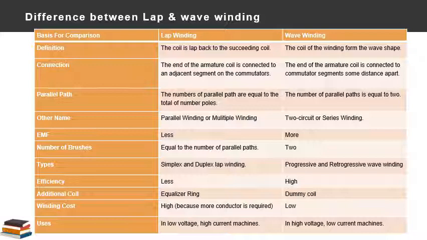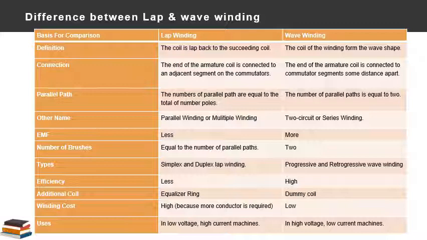In wave winding, the end of the armature coil is connected to a commutator segment some distance apart. Next, basis is parallel path. In a lap winding, the number of parallel paths is equal to the total number of poles. In wave winding, the number of parallel paths is equal to 2.